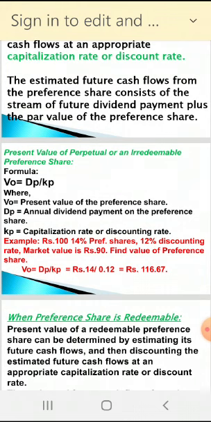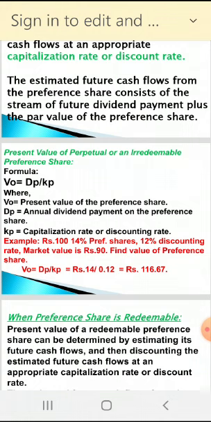So how to calculate this? First of all, for this type of shares we simply apply a very small formula. V0, value at 0 period, is equal to DP divided by KP. DP means dividend of preference share, and KP means cost of capital of preference share or discounting factor of preference share, where V0 is the present value of the preference share and DP is the annual dividend payment on the preference share.